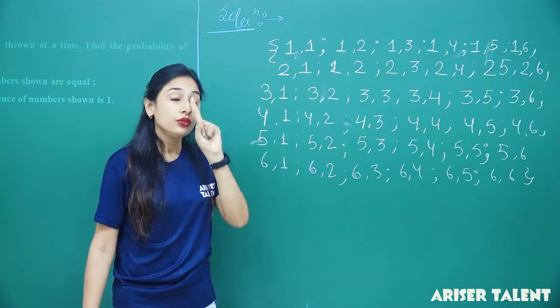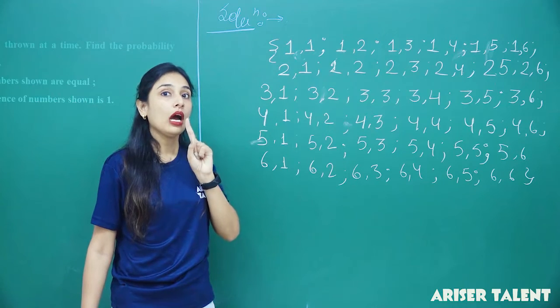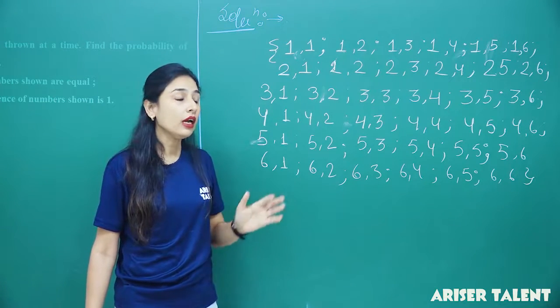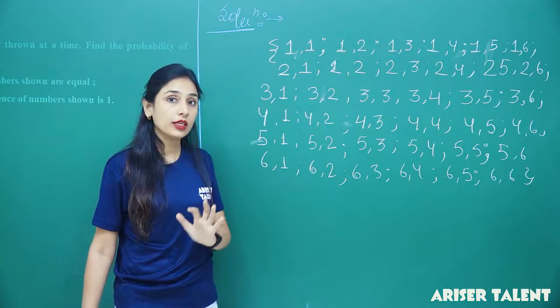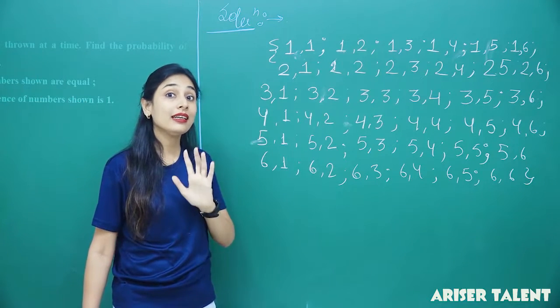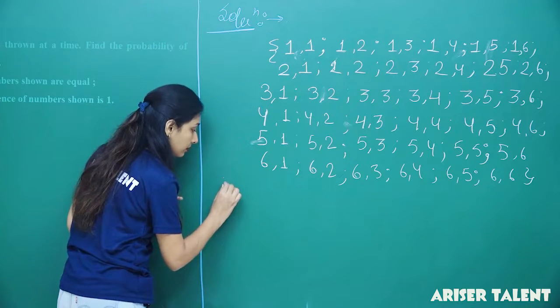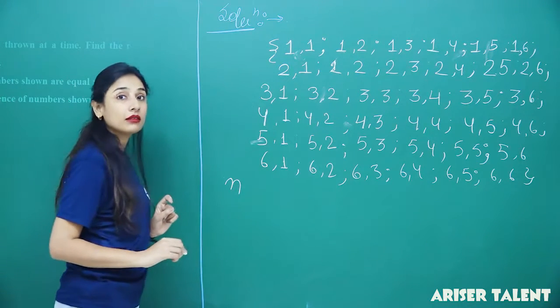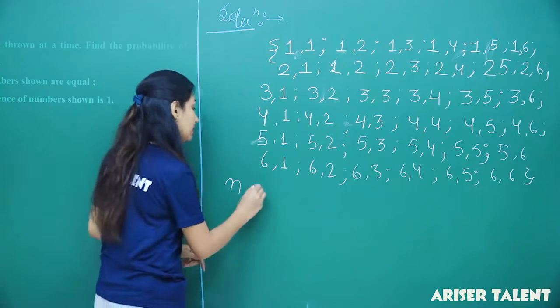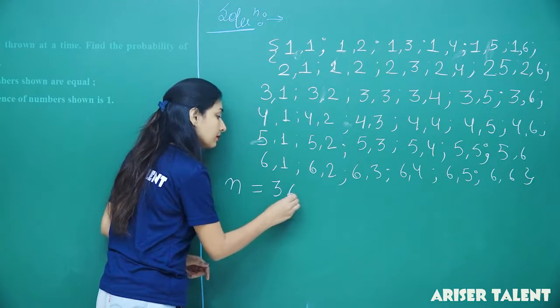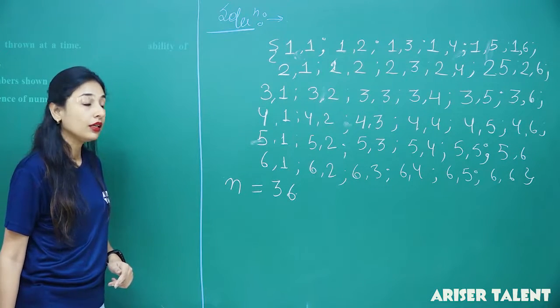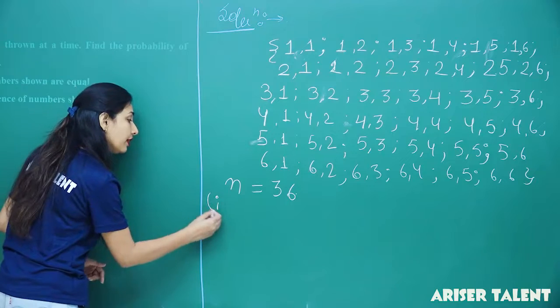So the total number of outcomes, or exhaustive outcomes, is 36. That means the value of n is equal to 36.